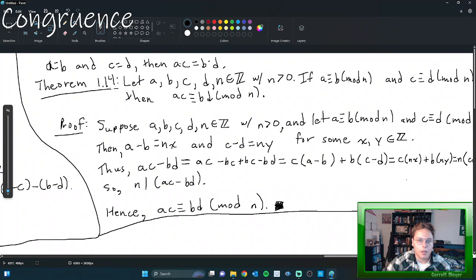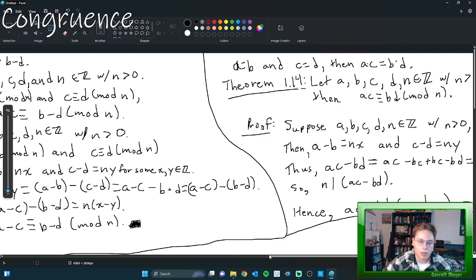It's this theorem. So basically, imagine substituting A congruent with B mod N, and A to the K is congruent to B to the K mod N. So we know that the product of the two are going to be congruent.